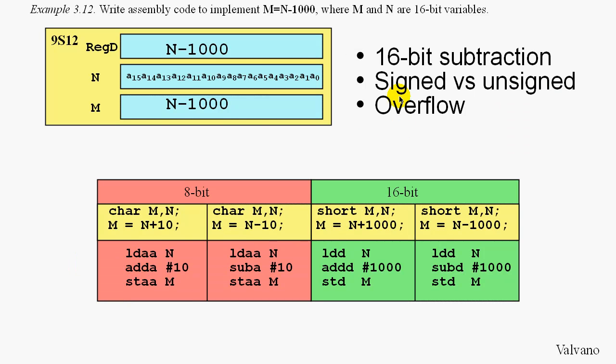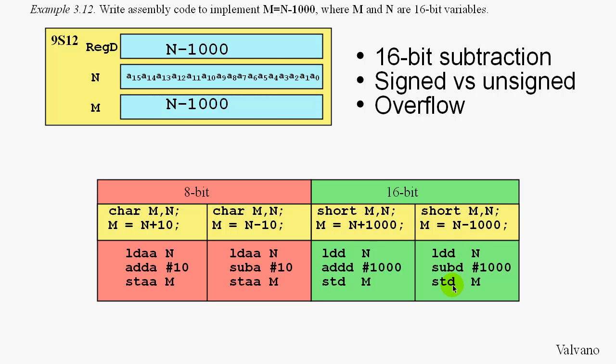So, in summary, we have seen a 16-bit subtraction. With 16-bit operations, we specify the variables in C using either the short or the unsigned short definition. And in assembly language, to perform a 16-bit operation, we'll use a 16-bit register.